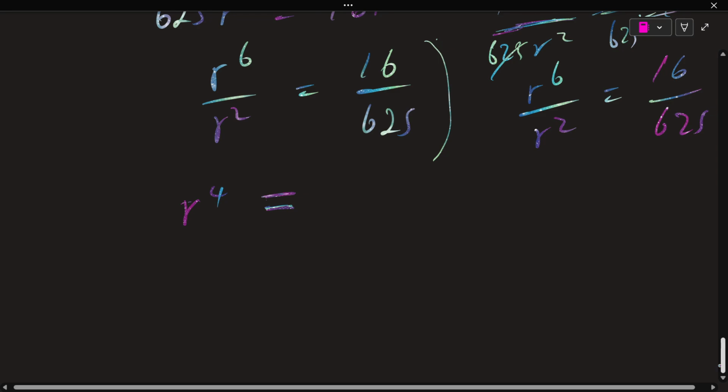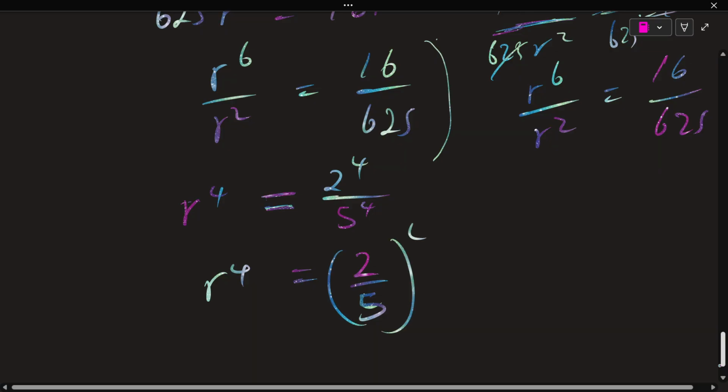We say 16, then shift and the button with 3 dots. This gives us 2 to the exponent 4. And what about 625? Say 625 and shift with the button with 3 dots. This gives us 5 to the power 4.